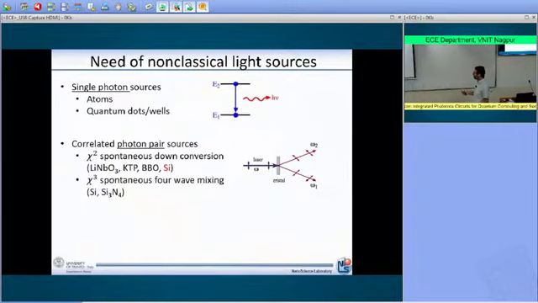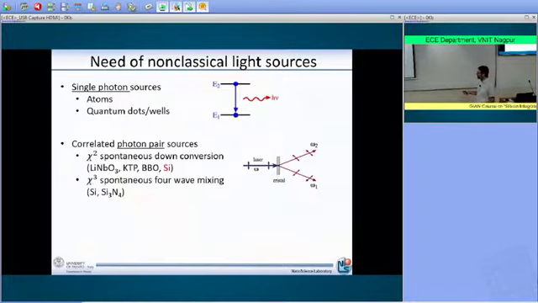In this process, a few photons spontaneously annihilate, and by this process they generate a single pair of photons. This is another technique that we are using, and those two techniques I will discuss in a while.